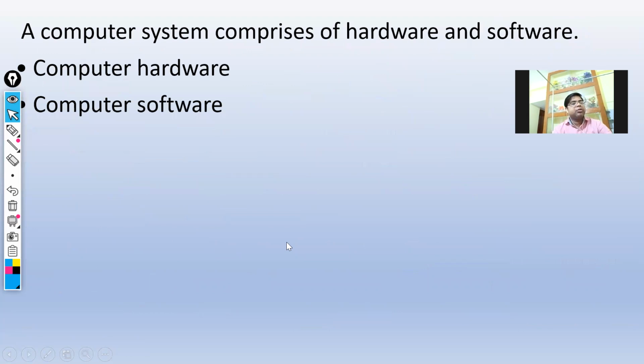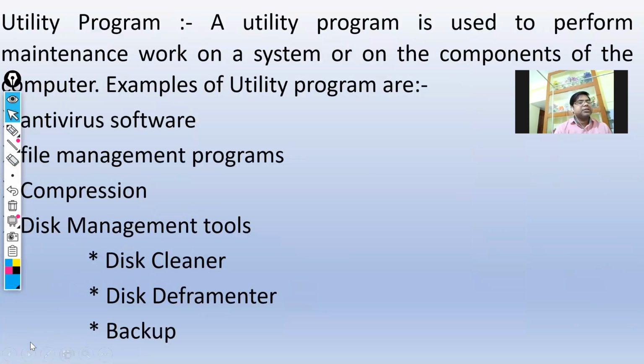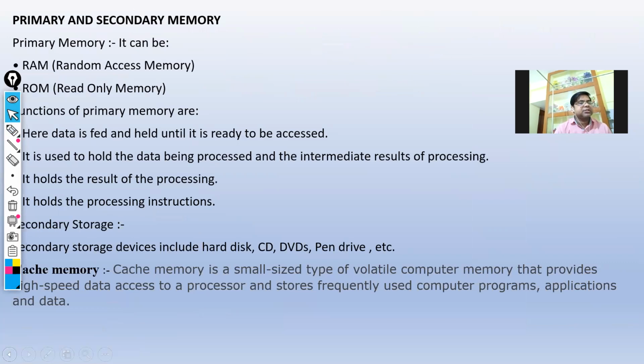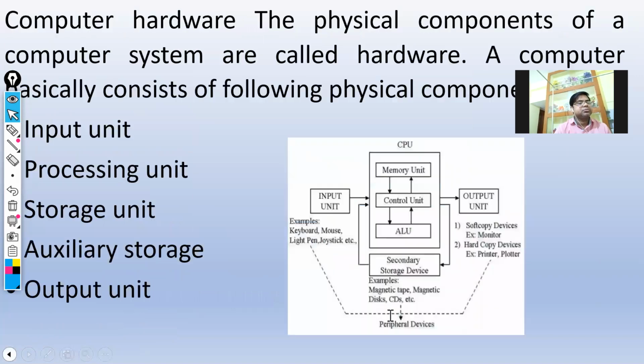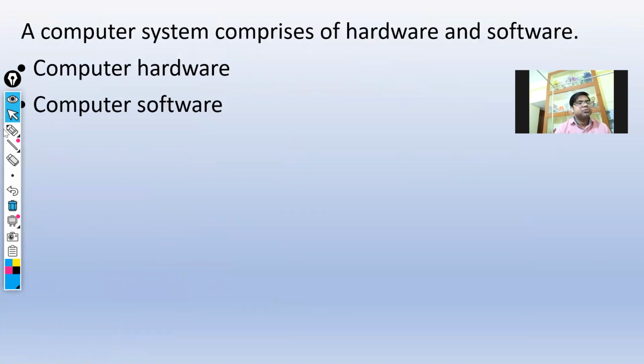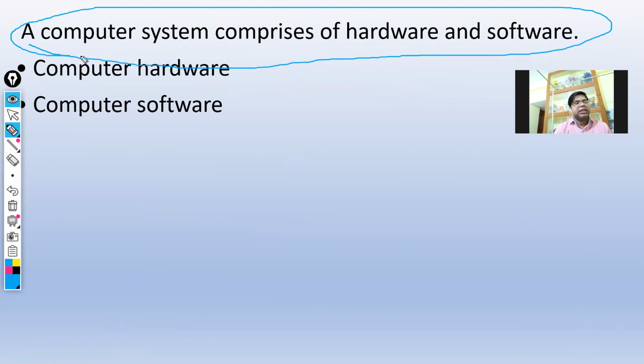Now, the next part: what is a computer system? If I'm talking about the computer system, then it comprises hardware and software.